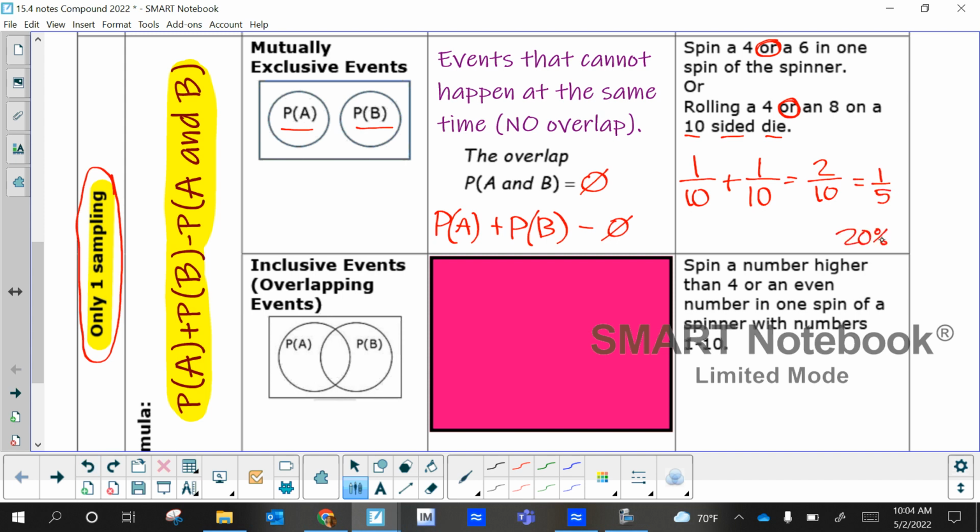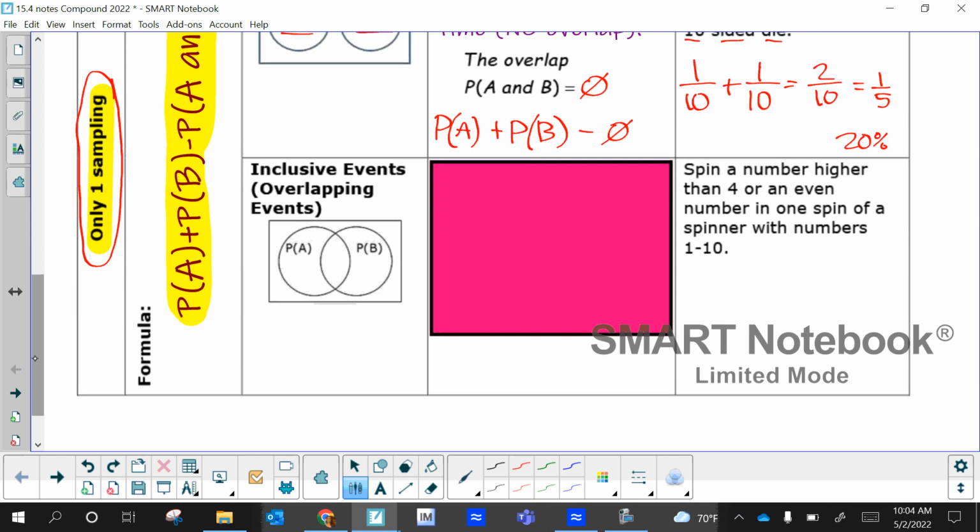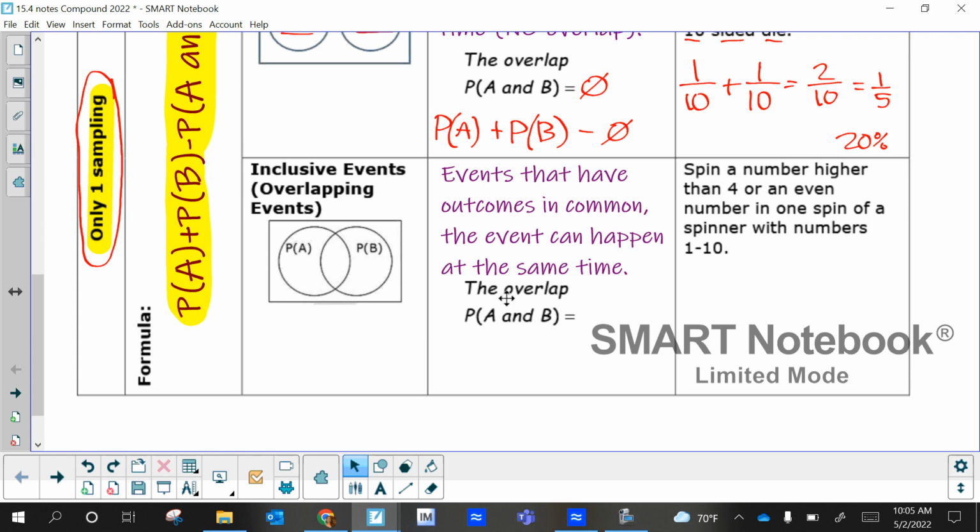Okay. All right, let's take a look at the next one. Okay, this one is going to be pretty much the opposite of that. This one does have overlapping events. You'll notice that right here. Okay, so there is an overlap. So we're going to use that full formula here. So this is when events have outcomes in common. Okay, the events can happen at the same time.